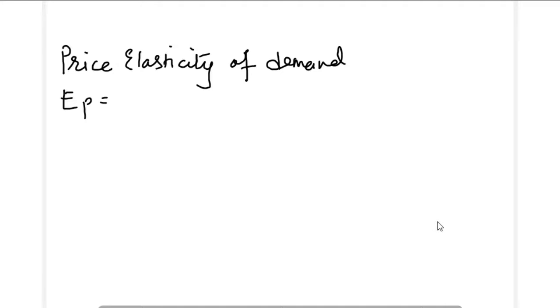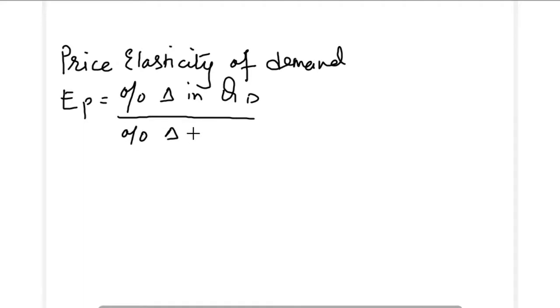The price elasticity of demand is given by percentage change in quantity demanded of the commodity divided by the percentage change in the price, keeping all other variables constant under the demand function. So we have over here EP, which is generally calculated in the following way. It is percentage change in quantity demanded, resulting from a percentage change in the price.